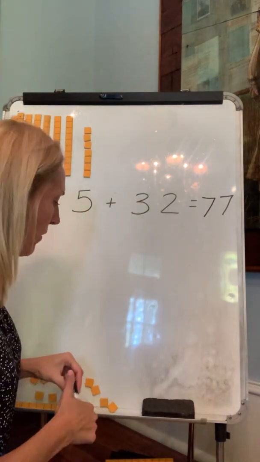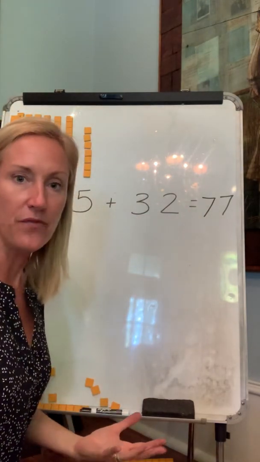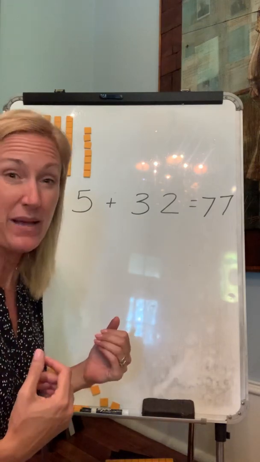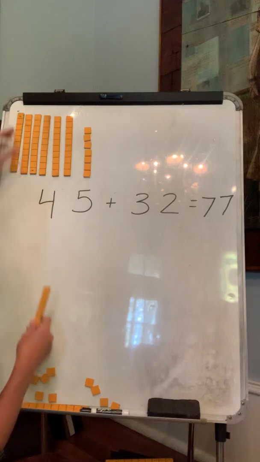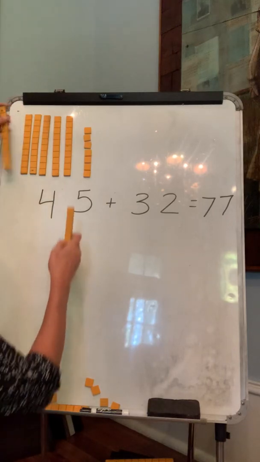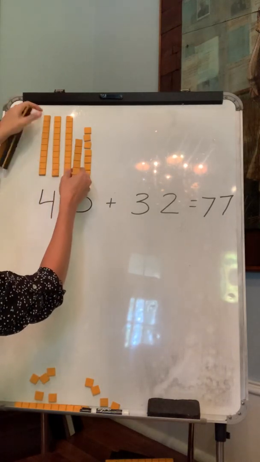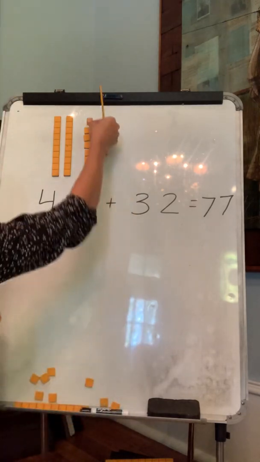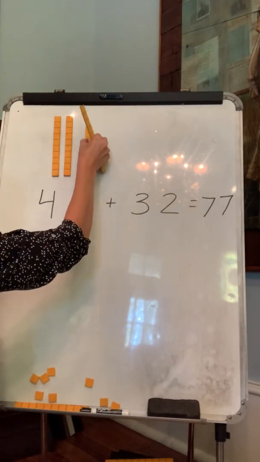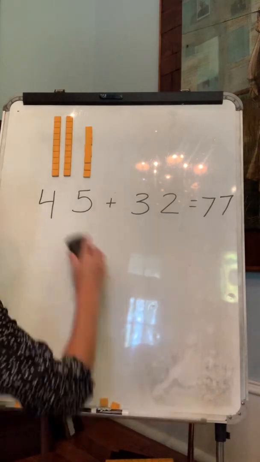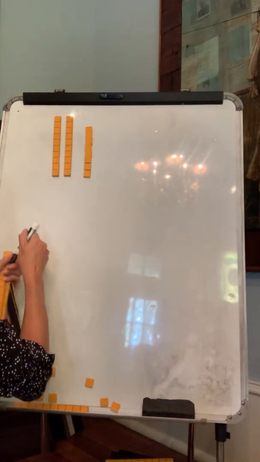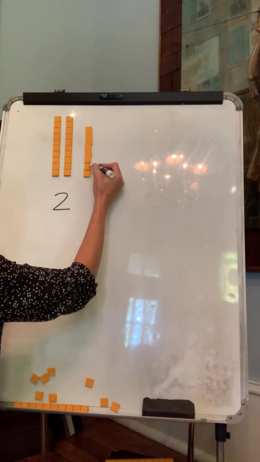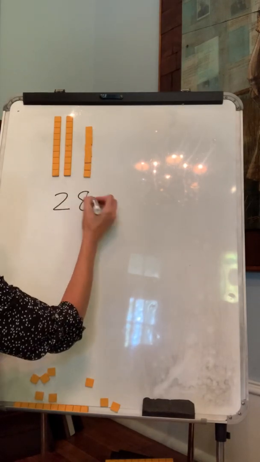Okay? But we were talking about what happens if you have too many ones, if it's bigger than 9. All right, so let's look at that. So now we'll go like this. We'll go 28, so it's not quite another 10. We have 2 tens, and then we have 8 ones.